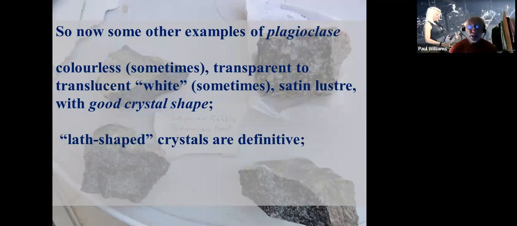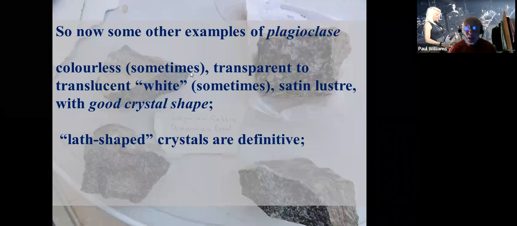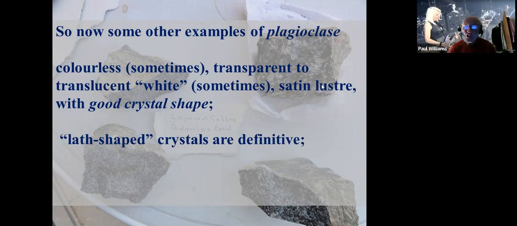Let's look at some more examples of plagioclase. Remember that we're looking now for these qualities: colorless, often, sometimes, transparent to translucent, sometimes it's white, it's got this satin luster to it, and it's got good crystal shape.